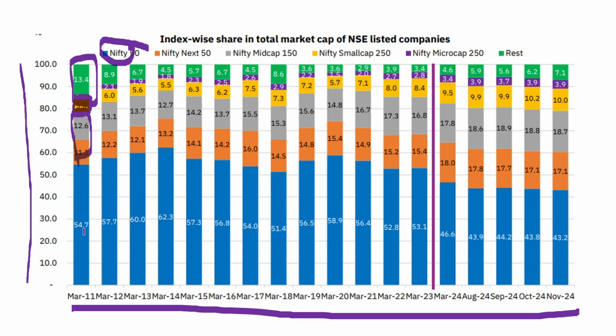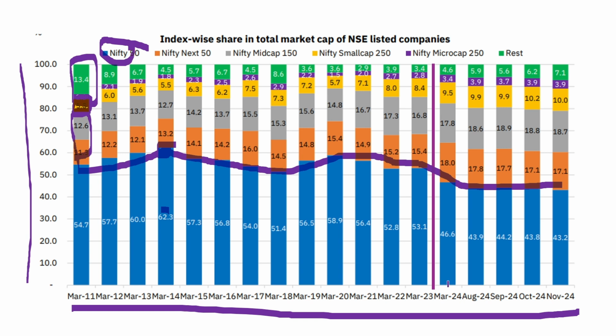Now, one interesting thing from this data is to look at the large cap percentages. If you look from 2011, this is 54, 57, 60, 62. 62 is the highest that it has reached. But then this range has been somewhat above 50, and in this year, this range has broken.